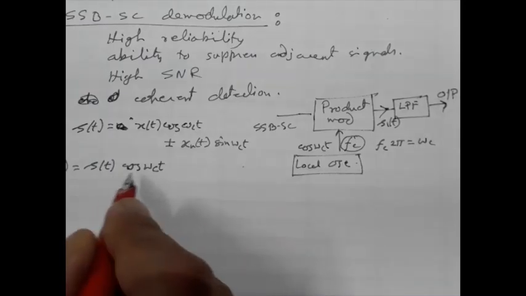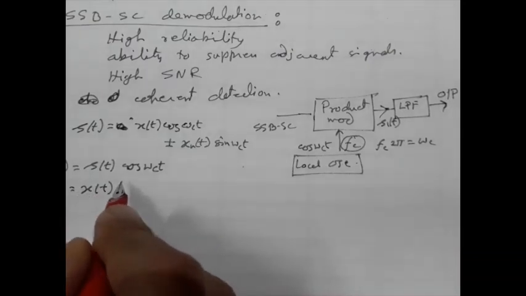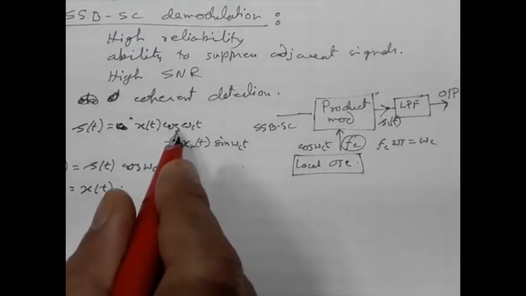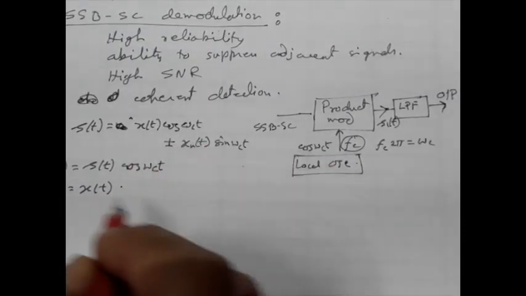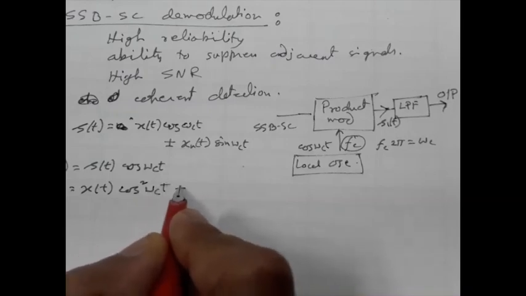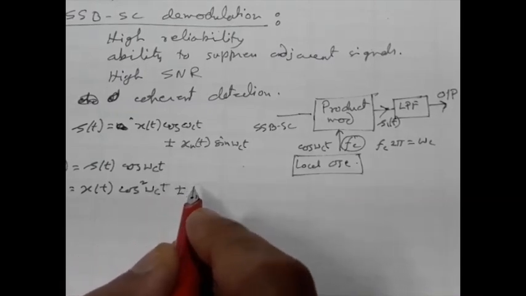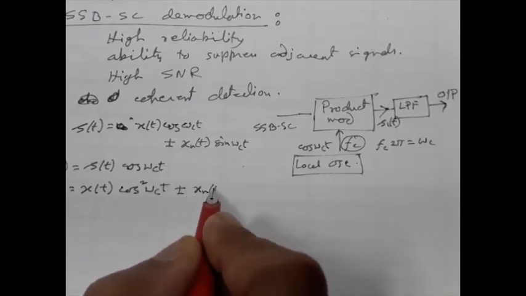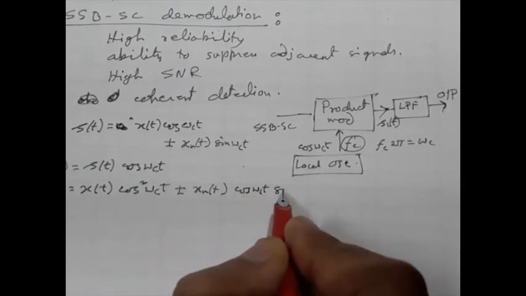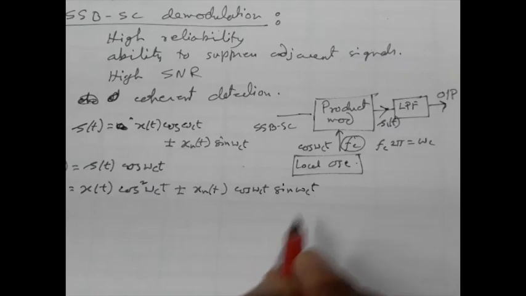So if we multiply them, you will get x(t) cos omega c t multiplied by cos omega c t, cos square omega c t, plus minus x_h(t) cos omega c t sin omega c t.